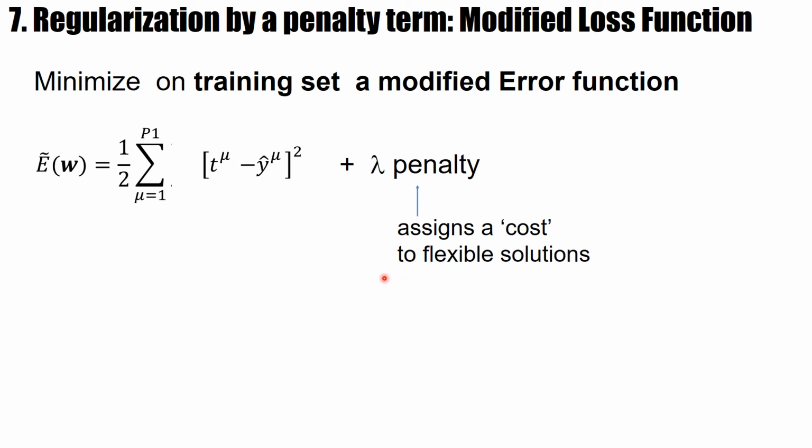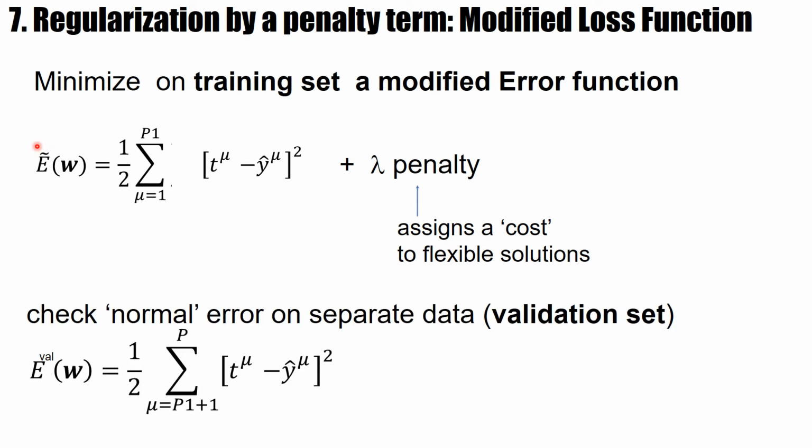So now we train on the training set with this modified loss function. I put a tilde here to indicate a modification. But after convergence, we check the standard error function on our validation set.